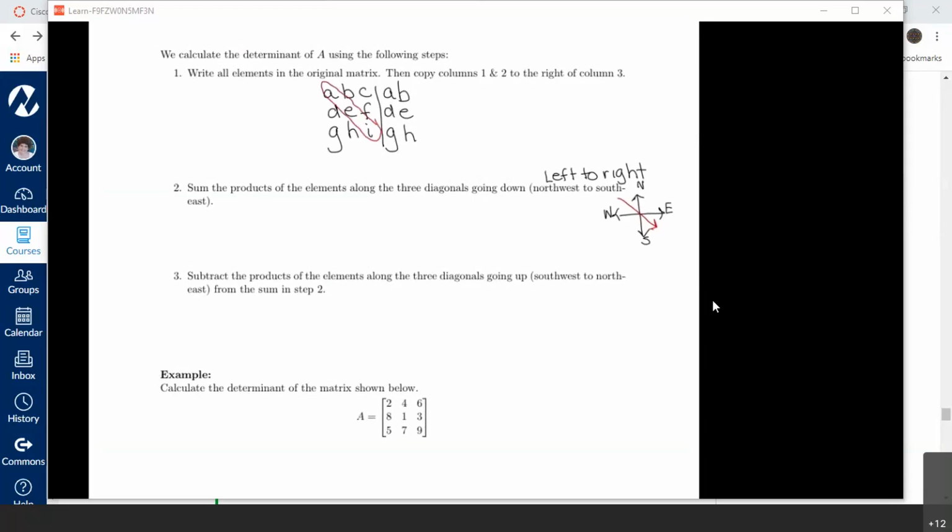Here's one, here's another, here's a third. And again, I apologize for my messy handwriting. So basically they're A, E, I. That's the first diagonal. B, F, G. That's the second diagonal. And C, E, H. These are the diagonals down.